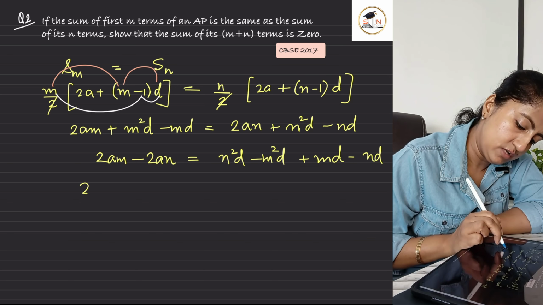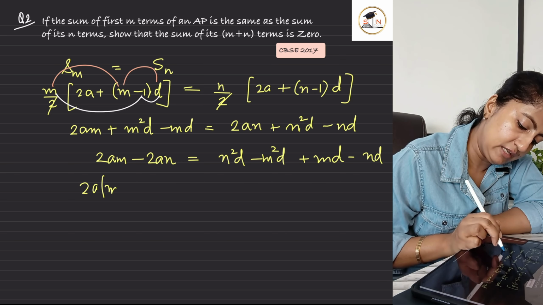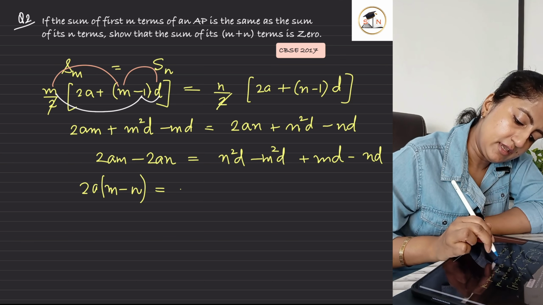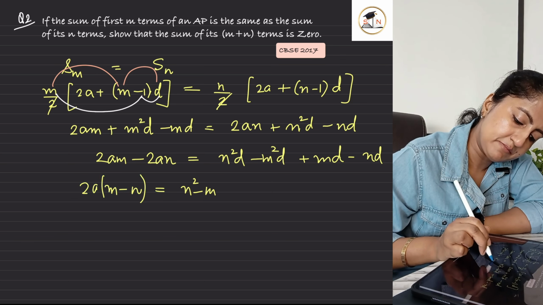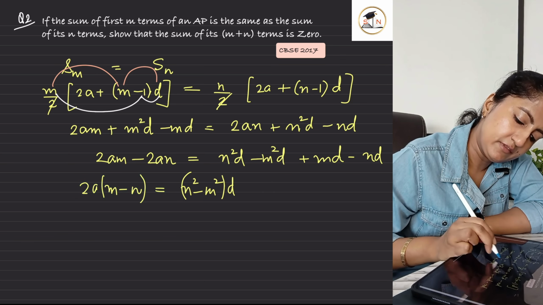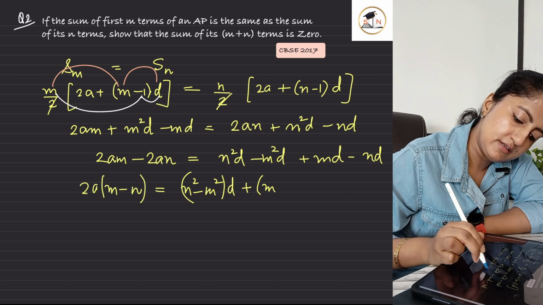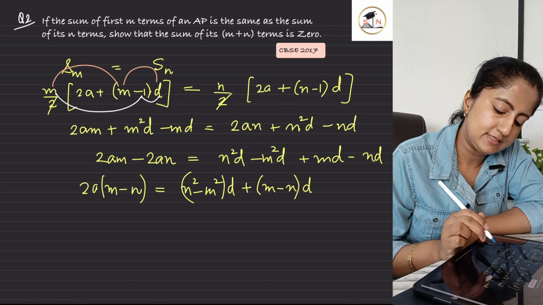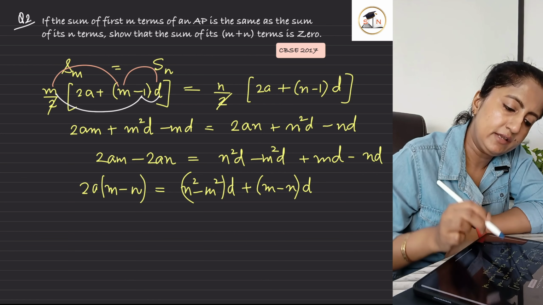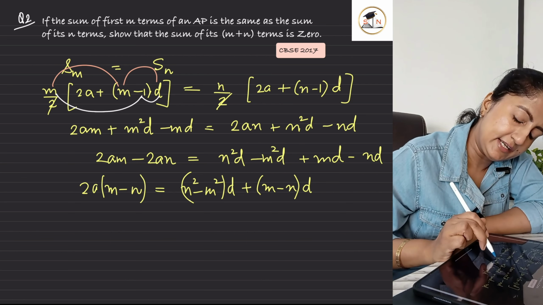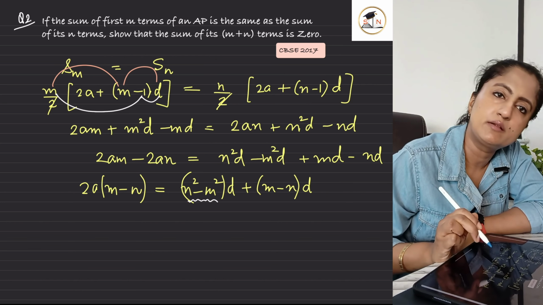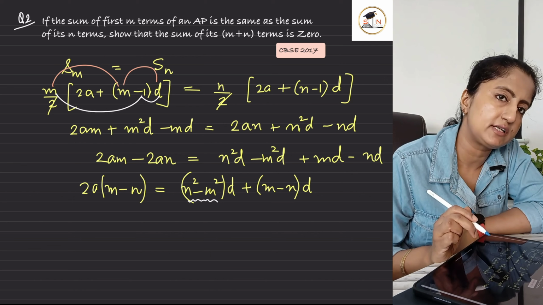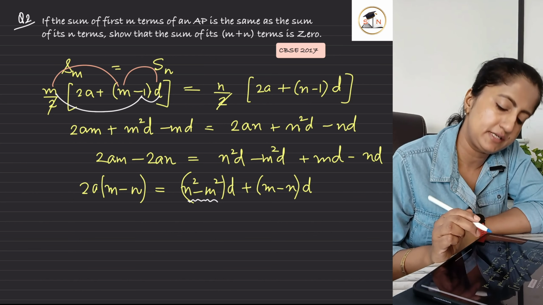Okay, now I get 2a common over here, leaving me with m minus n equals (n square minus m square) d plus (m minus n) d. Now what we can see, this is an identity over here. It is an identity of a square minus b square. So we will expand this by applying the factors as n minus m and n plus m.